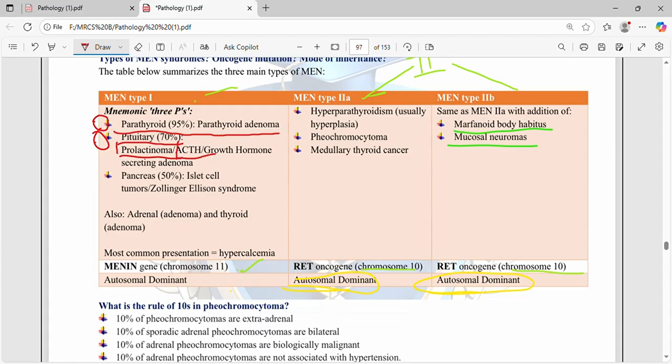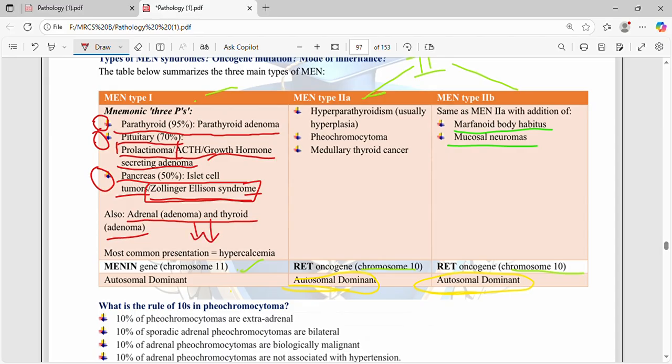It can be an ACTH adenoma or a growth hormone secreting adenoma. And the third one is the pancreas, 50%: islet cell tumors, Zollinger-Ellison syndrome, gastrinoma, which is the most common. Also adrenal adenoma and thyroid adenoma, but they are very rare.